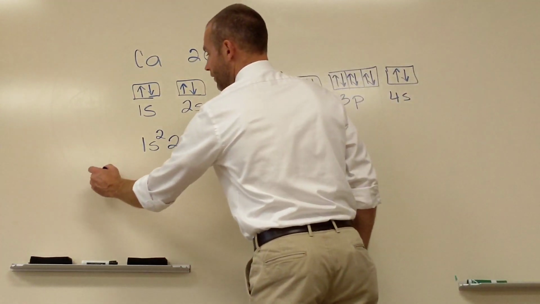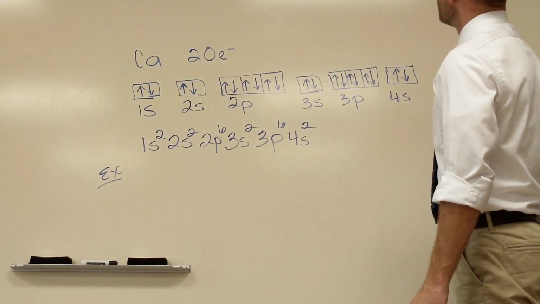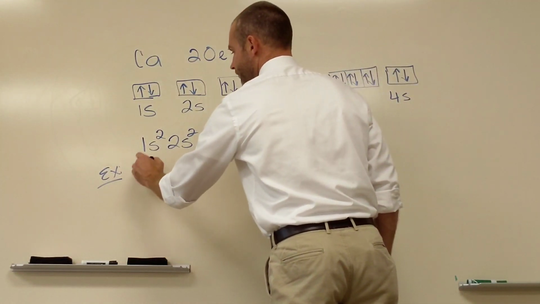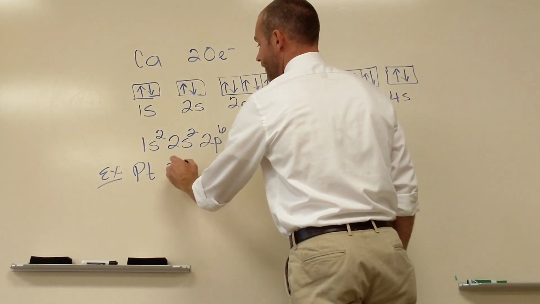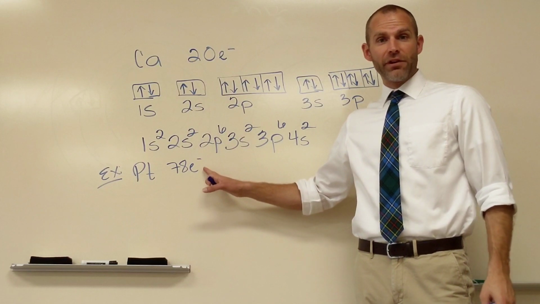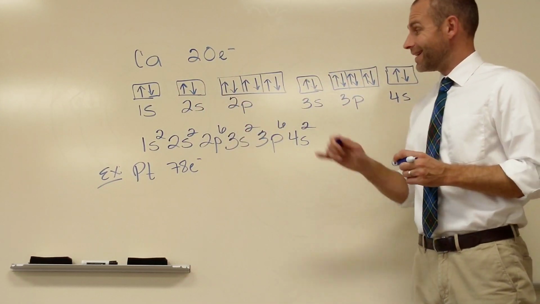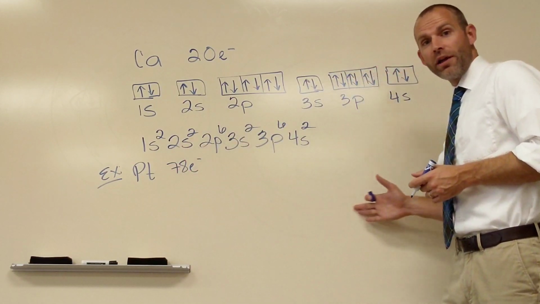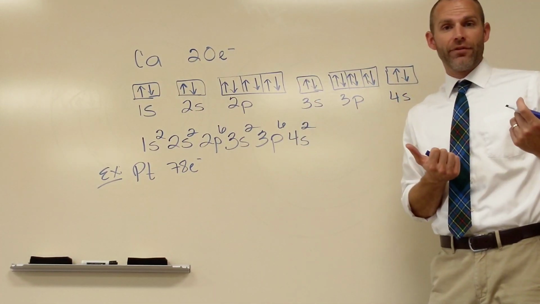Another example we can use to illustrate this point is platinum, Pt. Platinum has 78 electrons. If we were going to write its electron configuration using orbital notation, we'd be here all day drawing boxes and arrows. Instead, all we're going to do is start with the 1s and work our way through those sublevels, filling each one up until I run out of electrons.